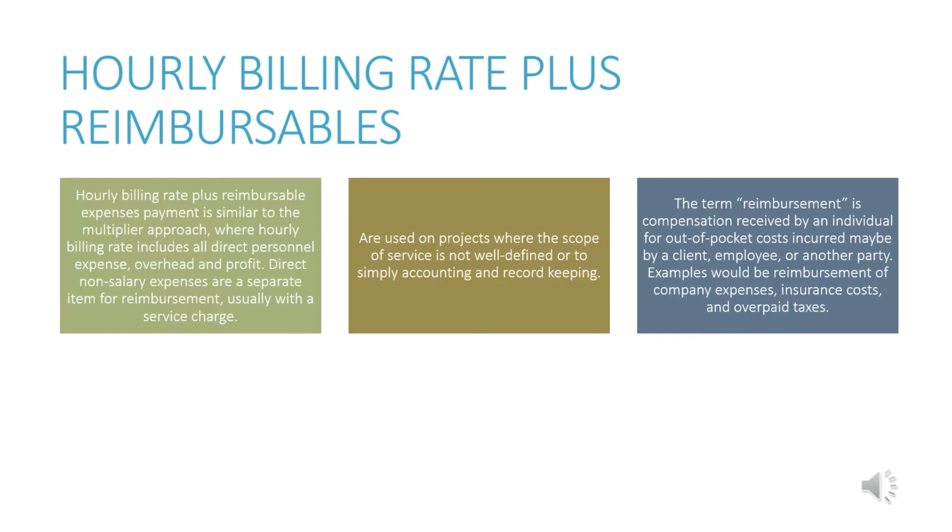They are usually used on projects where the scope of service is not well defined or to simplify accounting and record keeping. The term reimbursement is compensation received by an individual for out-of-pocket costs incurred, maybe by the client, employee, or other party. Examples would be reimbursement of company expenses, insurance costs, and overpaid taxes.